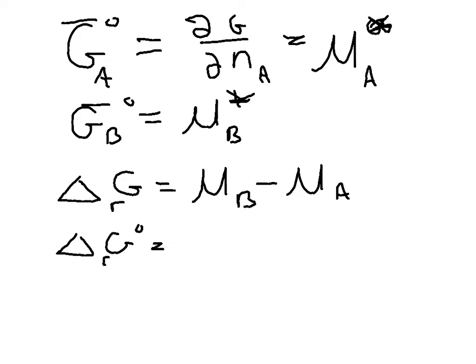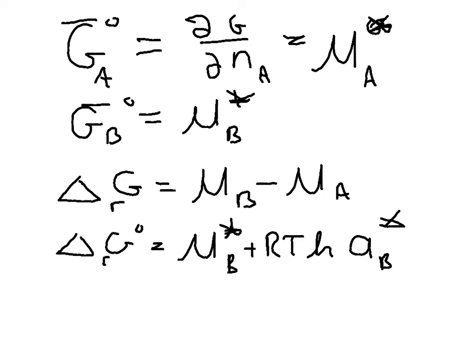We said chemical potential as a function of composition is going to be the pure chemical potential plus RT log of the activity of B. And that allows us to say that this will be general. We can use this expression for real solutions as well as ideal solutions.